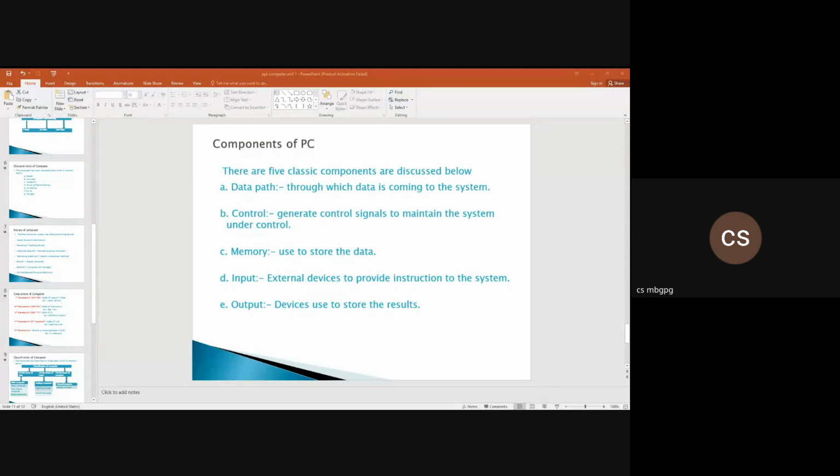So data and instructions are moved to and from memory. Both data and instructions can be moved in and out of memory. This is called your swapping of data, control signals. So memory is a very important component for computer.